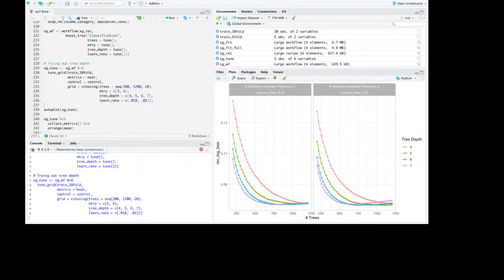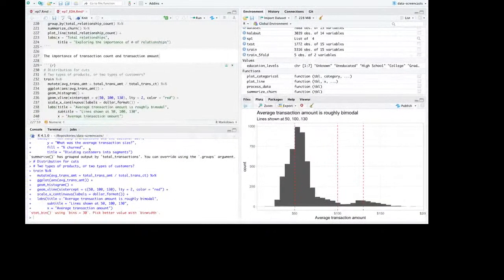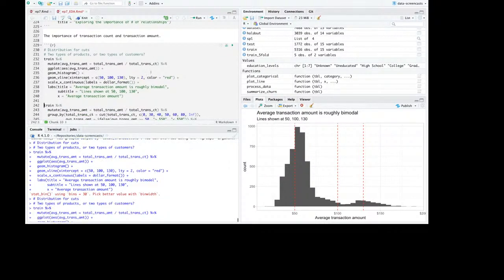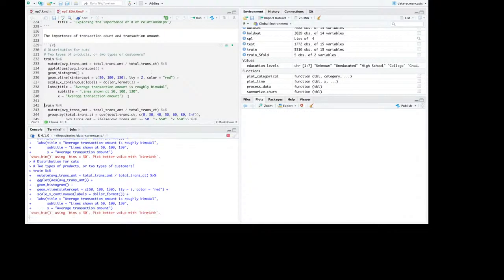Let me see. Whoa, this is just going and going. I guess it's got a lot of trees. Let's see. Transaction amount is roughly bimodal.